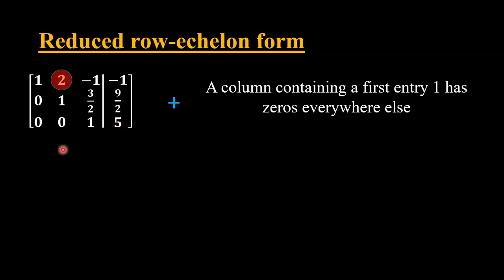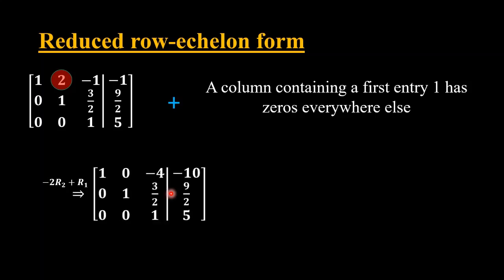By doing this elementary operation, we get the matrix 1 0 minus 4 minus 10, 0 1 3 by 2 9 by 2, 0 0 1 5. Here the first non-zero entry is 1, and the column containing it has zeros everywhere else.